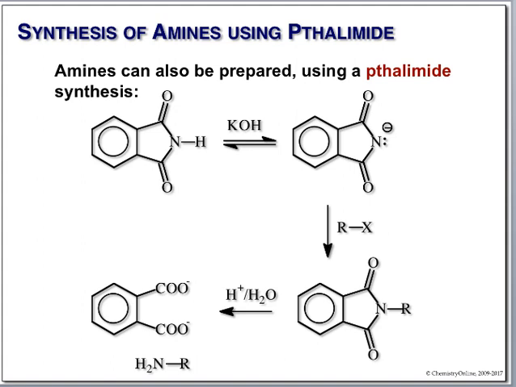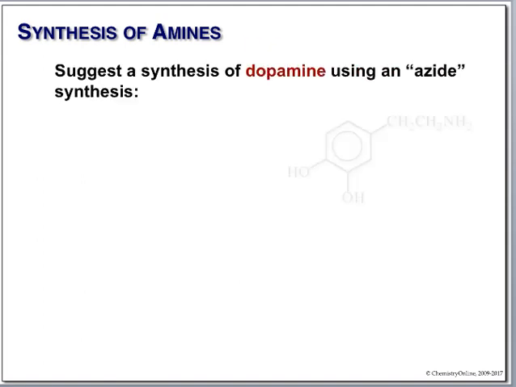Well, let's look at an example. This is dopamine. Dopamine is a biologically active compound. It's a diphenol with a simple ethylamino group as a substituent. Let's make this using an azide synthesis.